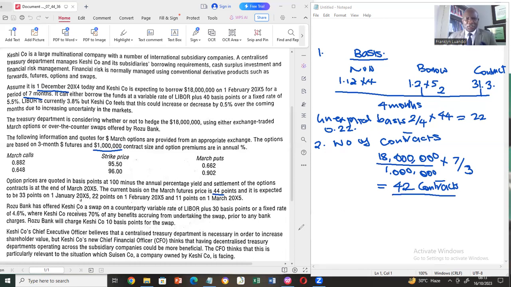So we are told that cash company feels that this could increase or decrease by 0.5. Now, we can calculate what is the expected futures price if the interest rate increases by 0.5.